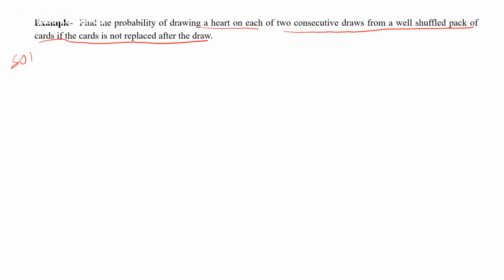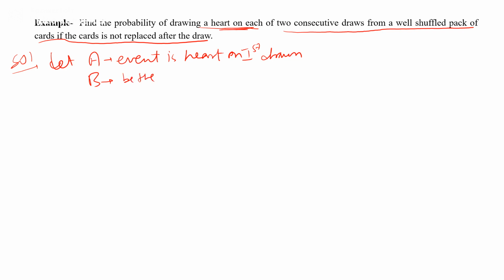So here we have to find the probability of drawing a heart on two consecutive draws. Let us take an event A: heart on the first draw, and we consider another event B be the event of drawing a heart in the second draw.